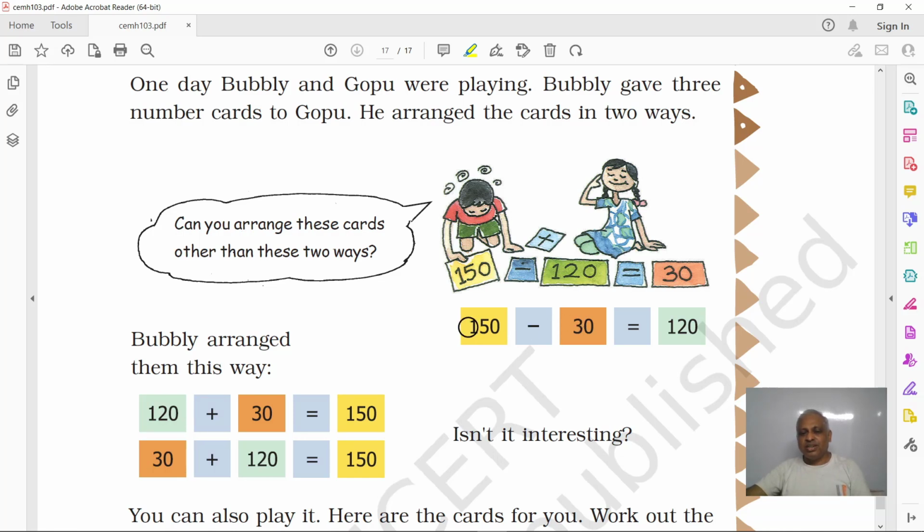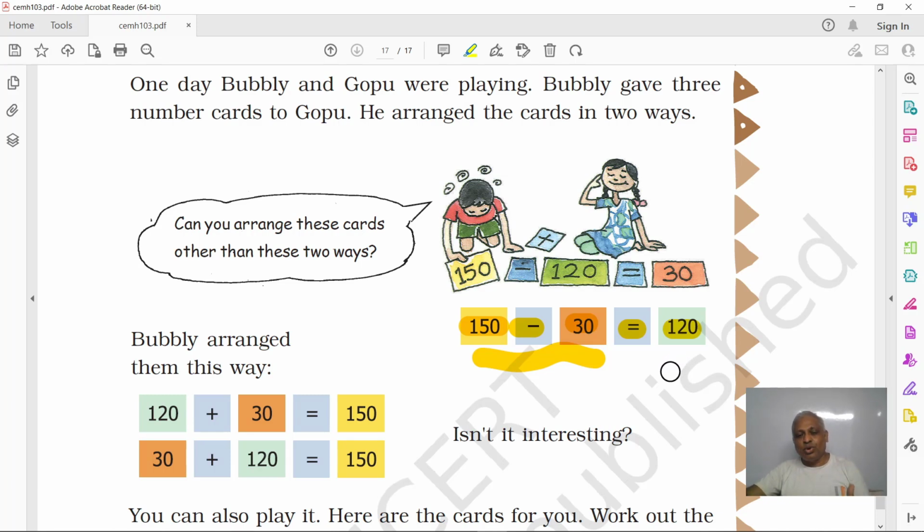So you can put 150 here on a card, minus sign here, and another card which is having 30. So this reads like 150 minus 30 equals, here you put a blank card. You don't put anything, he has to pick the card from the cards you may have. So he has to pick 120 from your cards. Okay, that's how you play with your friends.